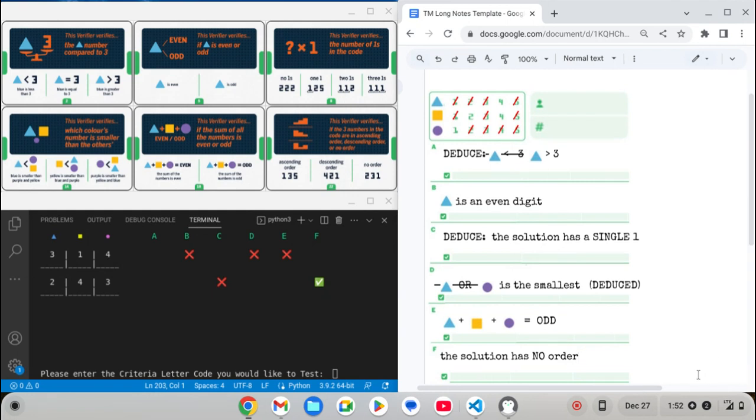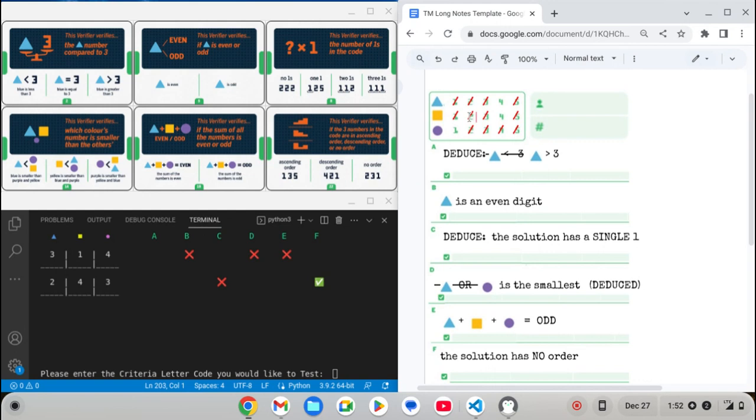We deduce that it must be the 1, because we were told that there has to be a 1, and it was the only remaining. It couldn't be 2, because then we'd have 2 ambiguous no order, so forcing us to say that triangle is greater than 3 or the 4. And now that it has no order, that means that square cannot be the 2.